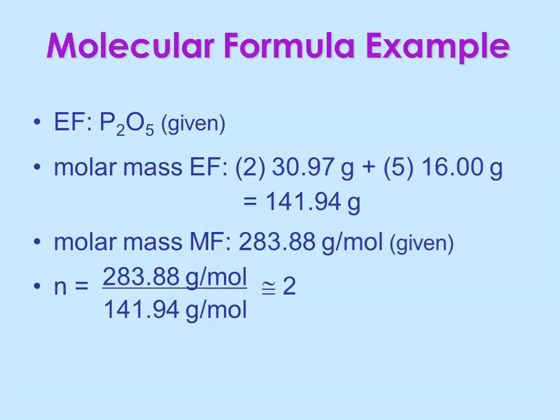This one might be right on 2, but generally speaking, they are going to be super close to a whole number. So what this is telling me is that my molecular formula is roughly twice the size of my empirical formula. So if I take my subscripts in my empirical formula and I double them, I can get what the actual true formula would be for this particular compound, P4O10.